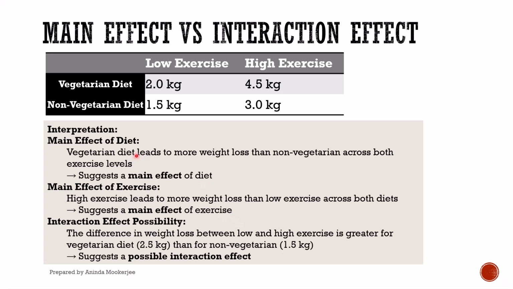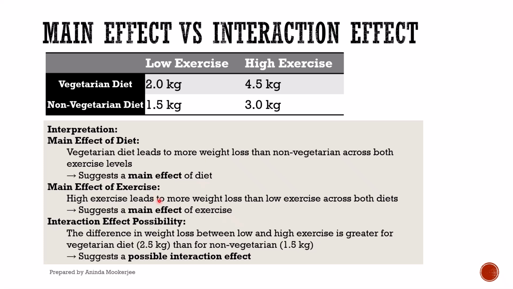So in order to find the main effect of factor A, or diet, we looked at the mean weight loss across vegetarian diets and then for non-vegetarian diets, irrespective of the exercise level. And we found that vegetarian diet, no matter which exercise level one followed, resulted in greater weight loss than non-vegetarian diet. So we held the exercise level, that's factor B, constant, and we compared the difference between the two diets.